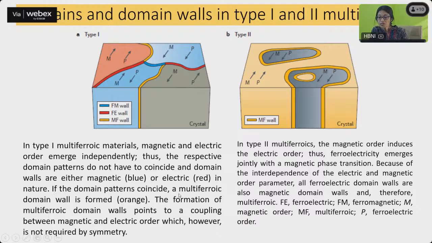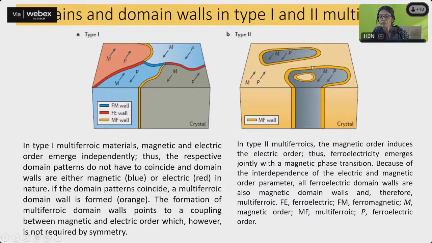Now in type 2, what is happening? The magnetic order induces electric order. So the ferroelectricity emerges jointly with a magnetic phase transition. Because of the interdependence of the electric and magnetic order parameters, all ferroelectric domain walls are also magnetic domain walls and therefore multiferroic. As you can see here, all of this is shown in this particular crystal.